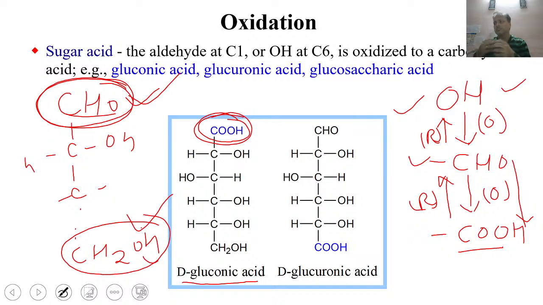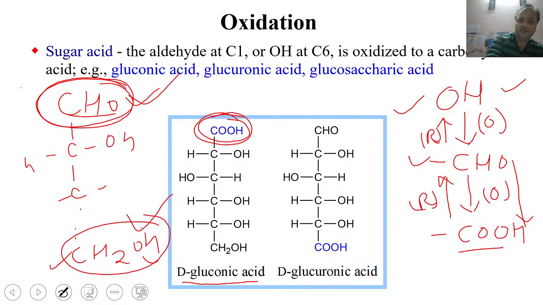When we look at the oxidation of primary and secondary alcohol, primary alcohol is easier to oxidize compared to secondary and tertiary. So the terminal sixth carbon primary alcohol will easily go for oxidation, while carbon numbers 2, 3, 4, 5, the secondary alcohols, do not.